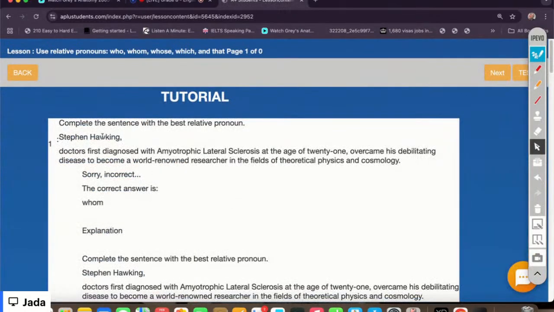So moving on, we have select the sentence with the best relative pronoun. So you have to read the sentence and see. Stephen Hawking, doctors first diagnosed with amyotrophic lateral sclerosis at the age of 21, overcame the debilitating disease to become a world renowned researcher in the field of theoretical physics and cosmology.